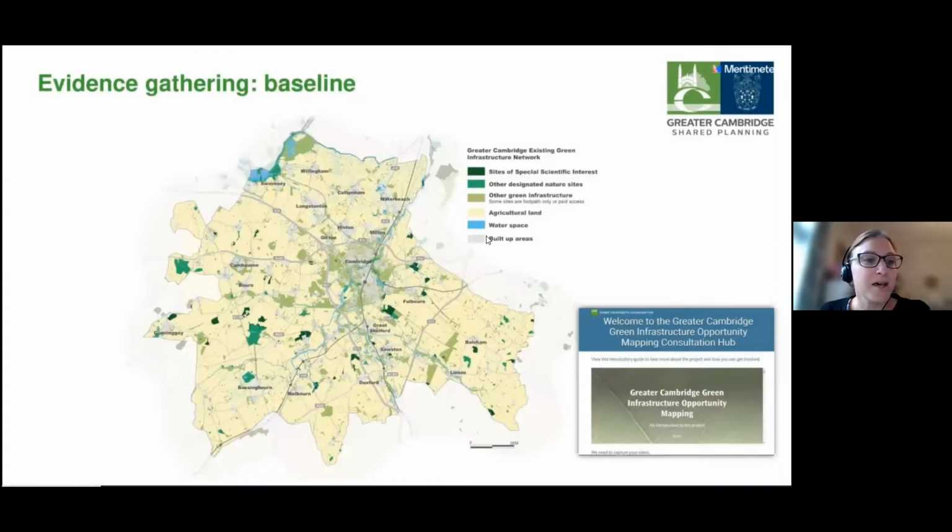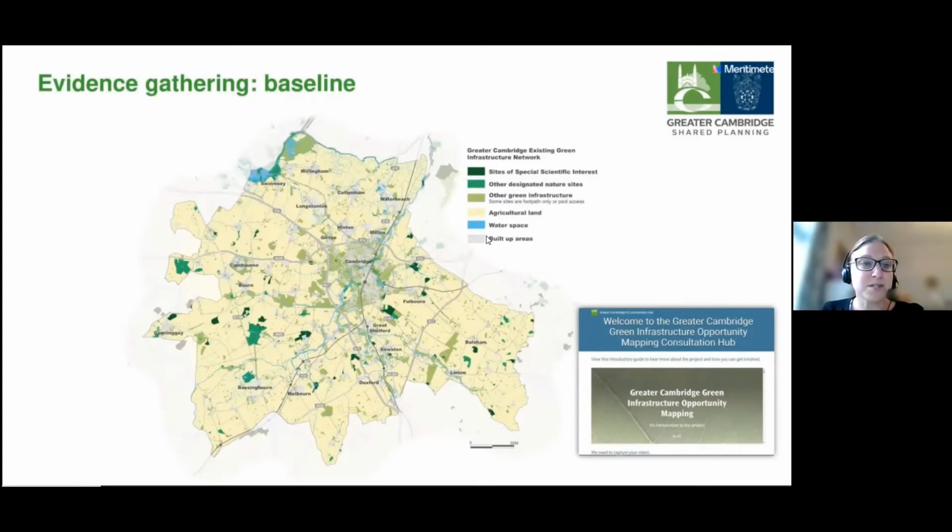Thanks, John. As I mentioned, I'm from LUC, and we were commissioned in early 2020 to provide an evidence base on the quantity and quality of the existing GI assets in Greater Cambridge, and through analysis and consultation to identify deliverable interventions to enhance and expand the network.